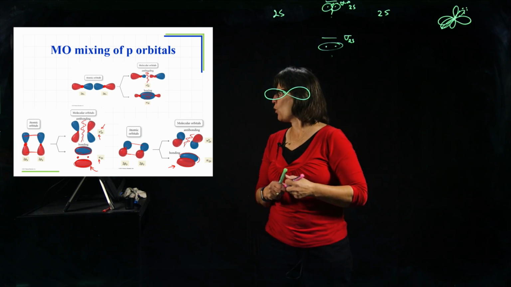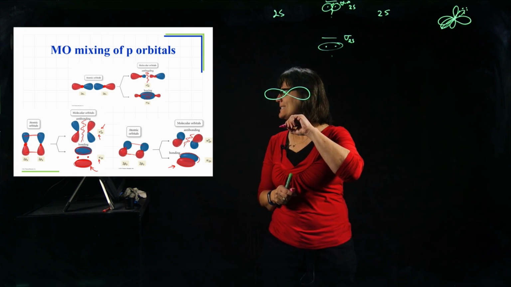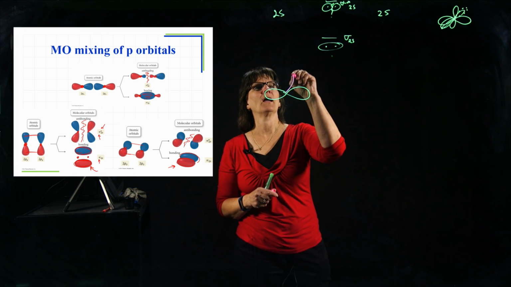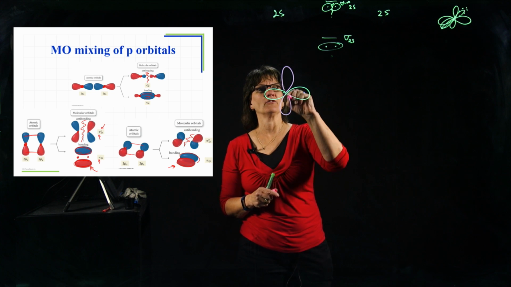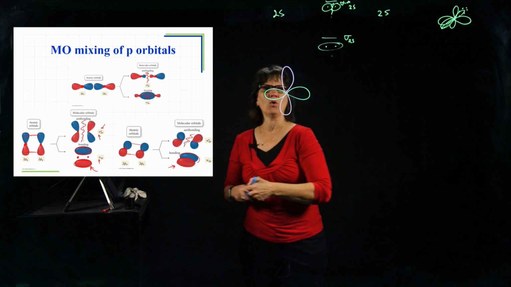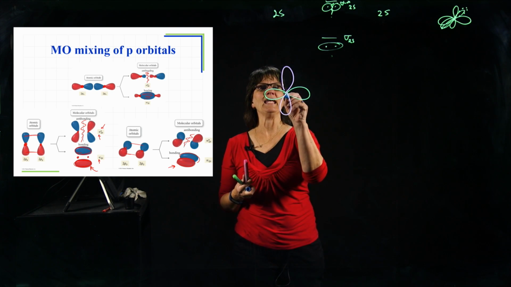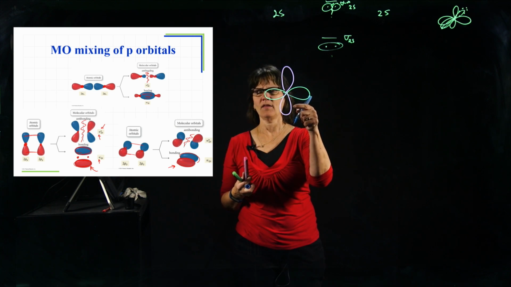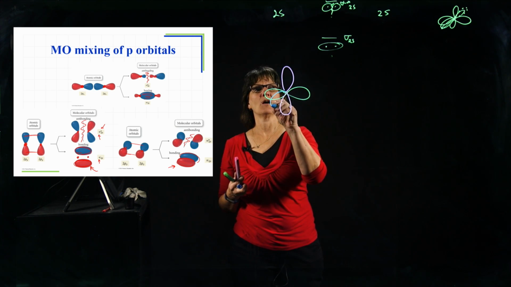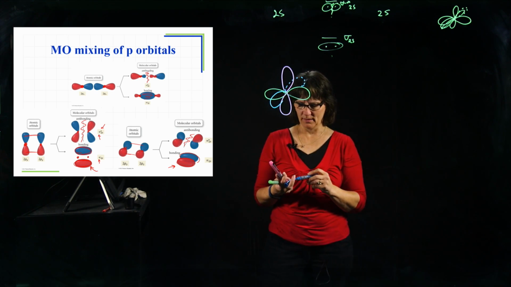One is along the y-axis, up and down. And then I've got the one along the z-axis, and we're going to say that the z-axis is coming in and out of the plane that this board is on, okay? So my z is going back behind there like that.